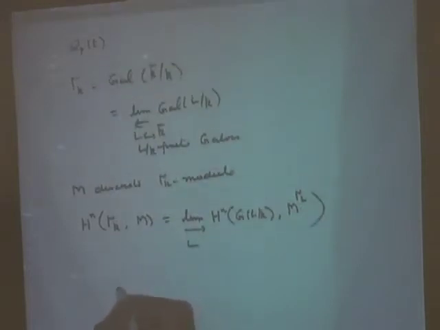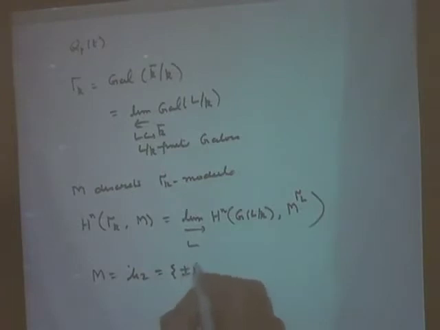So essentially the only group we'll be using in describing the invariants for quadratic forms is when M is mu2. That is, in the case we are assuming the ground field has characteristic different from 2. So this is the square roots of unity, which is plus or minus 1, and the Galois action on this is trivial because plus or minus 1 belongs to the base field K. This is a trivial Gamma module, so sometimes this is also denoted by Z mod 2Z.